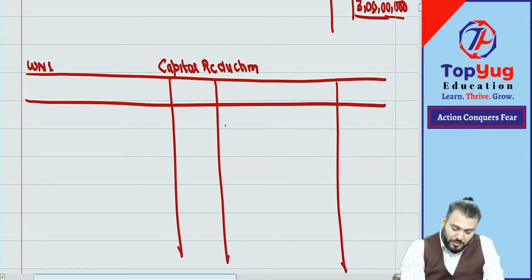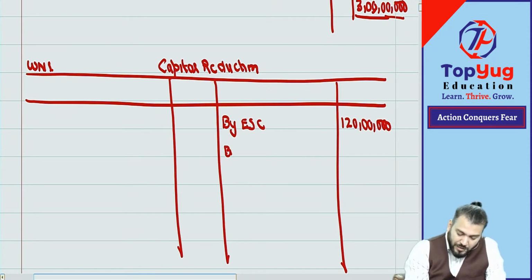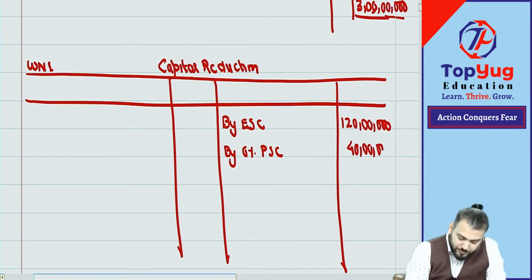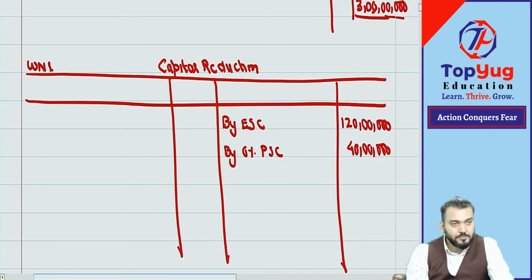Simple. So can you give me first transaction by equity share capital how much? 1 crore 20 lakh. Then we have buy 6% preference share capital. How much? 40 lakh. Correct? Then what? Debenture.